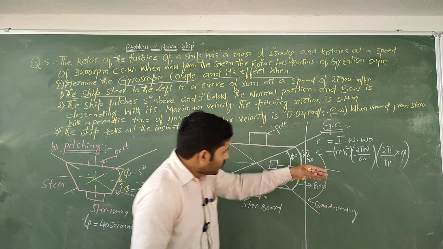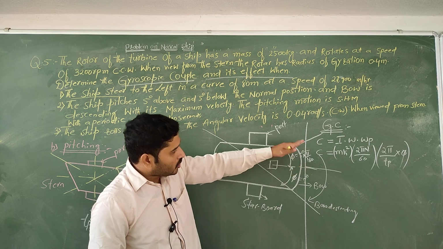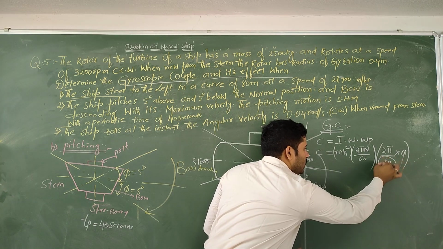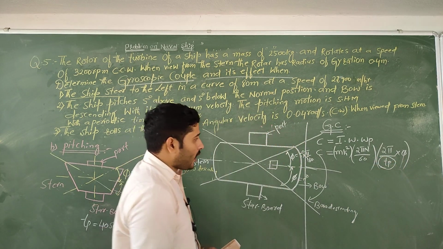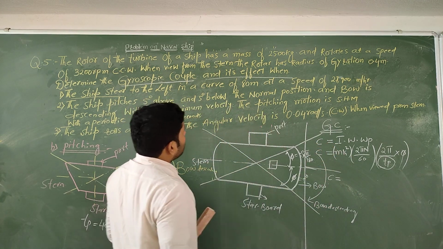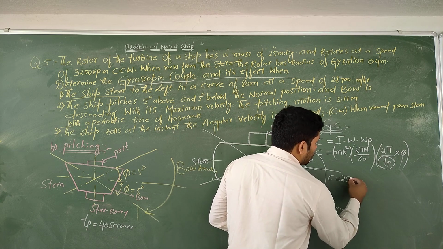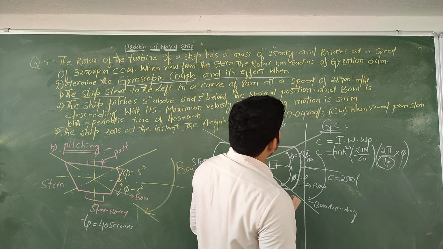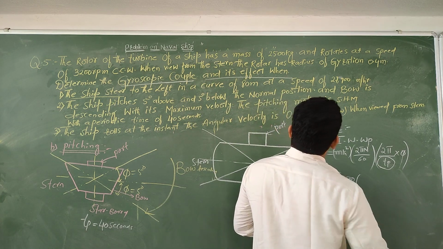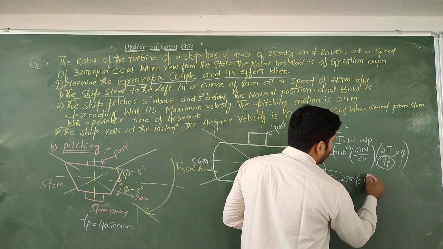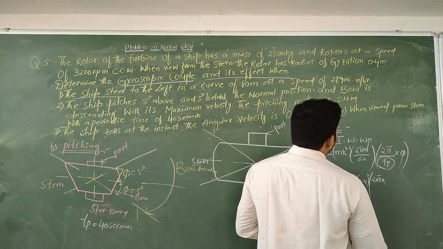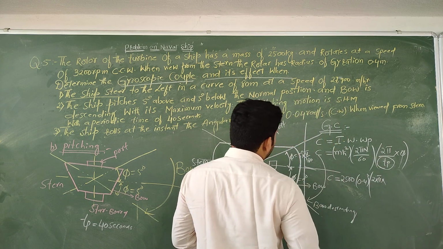Then see, if it is moving from the mean position to the above, then it requires the time period, which is represented by Tp. Then C is equal to mass. How much mass is given? The mass is given as 2500. The radius of gyration K is given as 0.4, whole square, and 2 pi N, the speed of rotation of the shaft, how much is given?